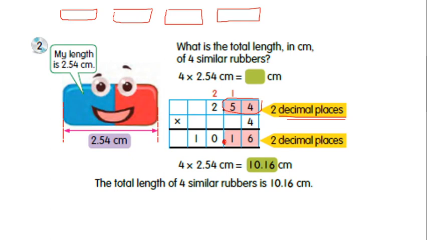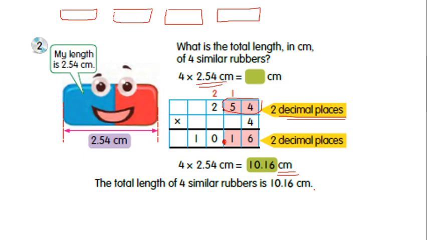Okay, you have to follow the original, the first one, the question involved. Right, so you will get 10.16 centimeter. Remember to put the unit if the question or the equation involves units. Jangan lupa letak unit kalau soalan itu ada melibatkan unit. Kalau tidak, if not, your answer is not complete.